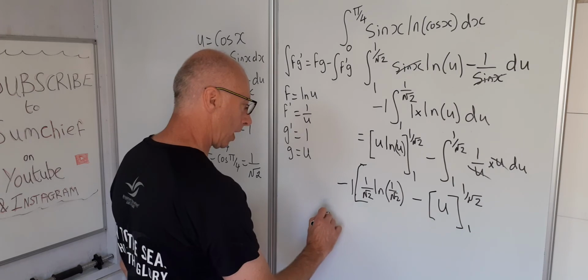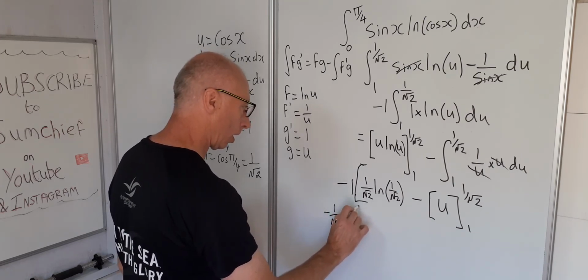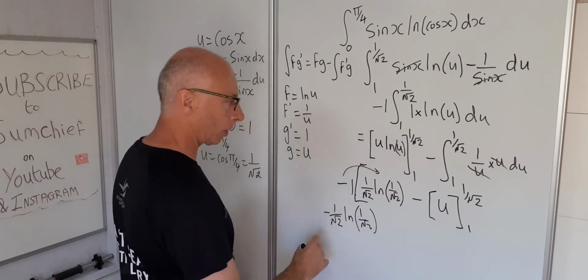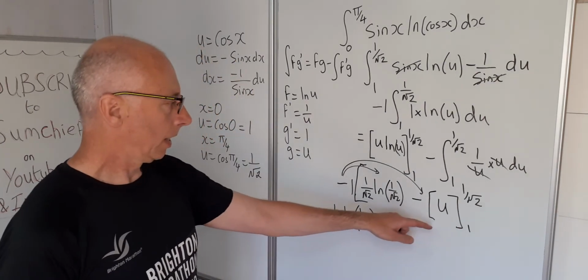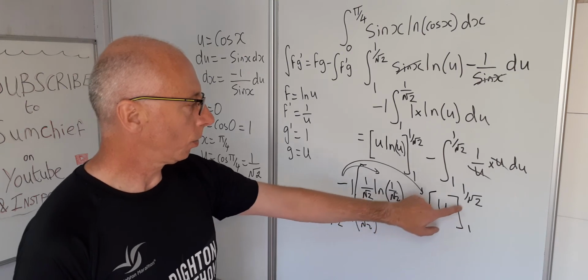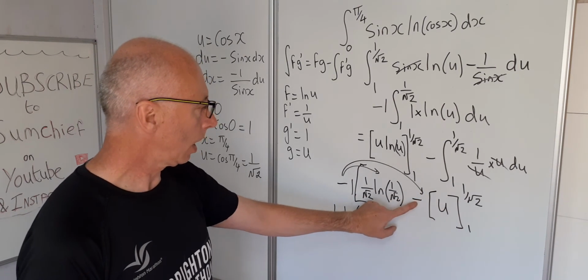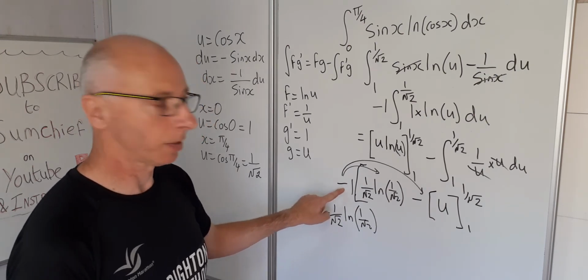So we've got minus 1 over root 2 log of 1 over root 2. That's the minus sign distributed here. And now we distribute it here. So let's go through this carefully. u times 1 over root 2 is 1 over root 2. Minus, minus, so that's going to be plus.